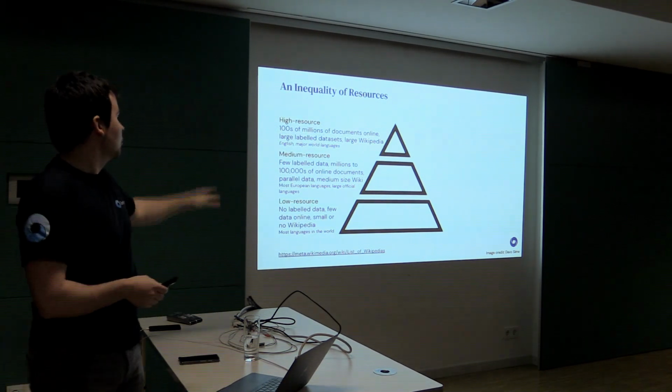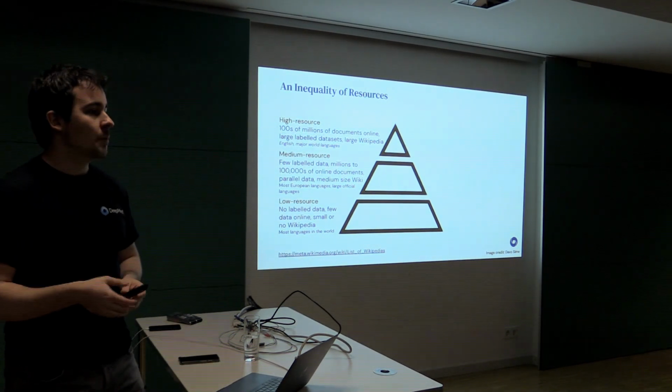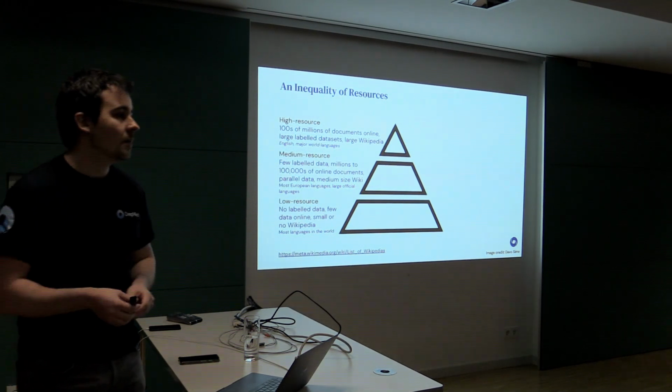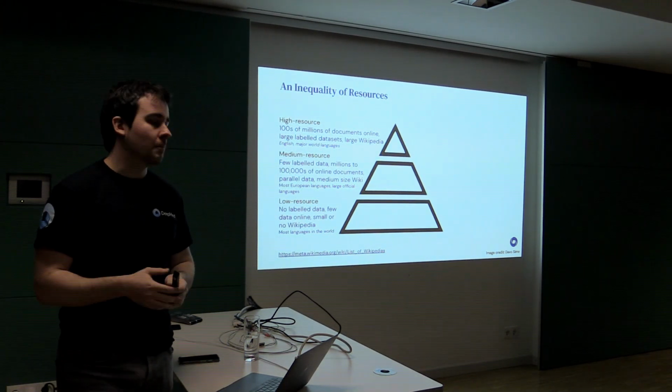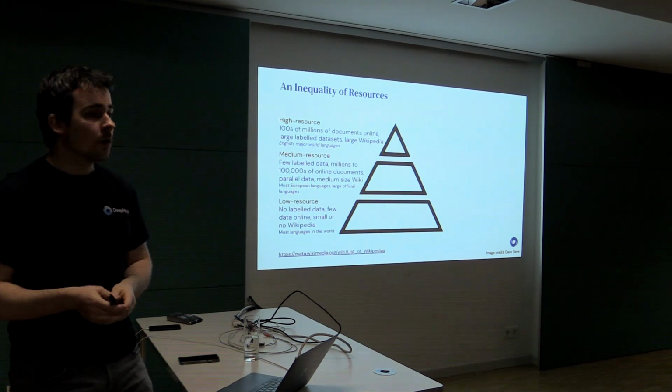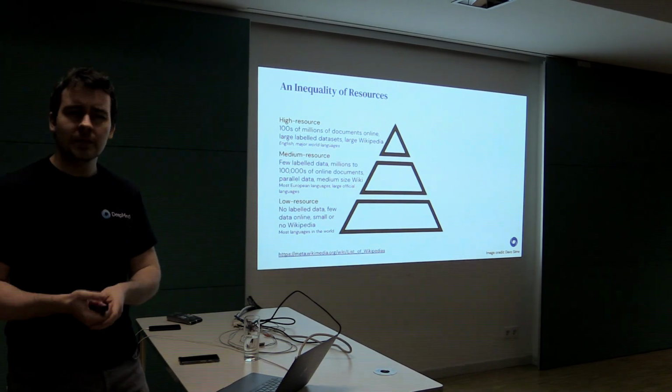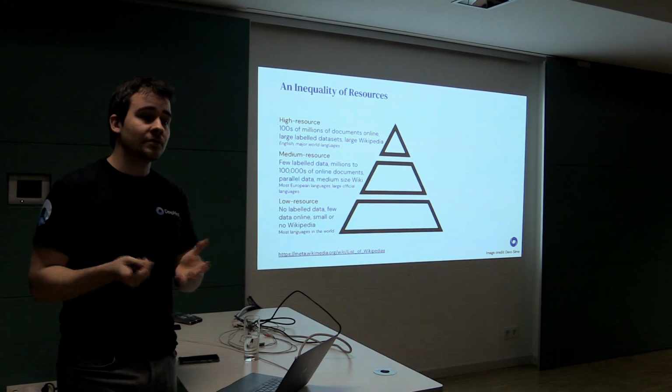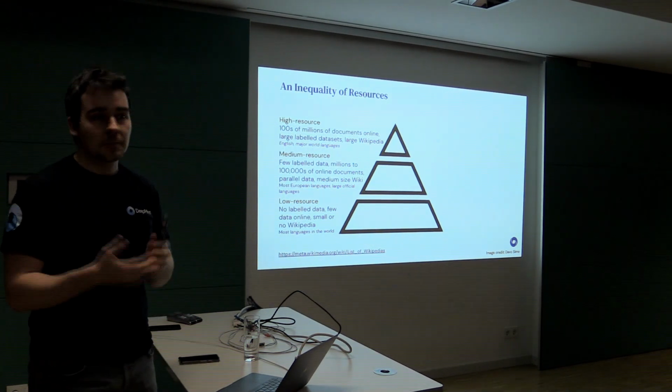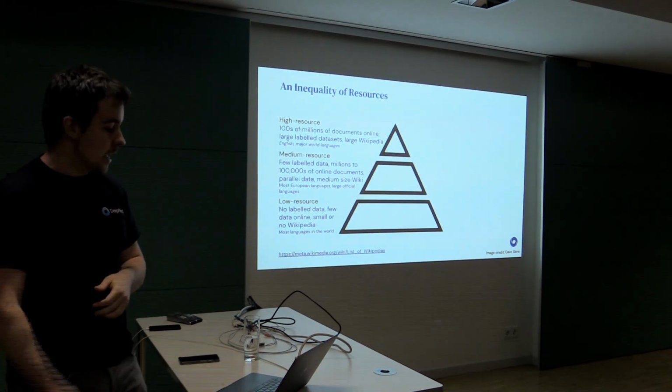And then if we go down the pyramid, for languages where we do not have any of these data sources, so for which there is barely any data on the web, or there are only small Wikipedias available, these languages historically have really been under-researched.